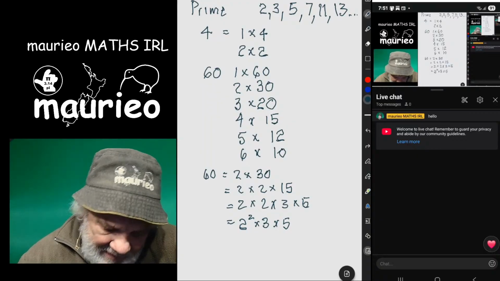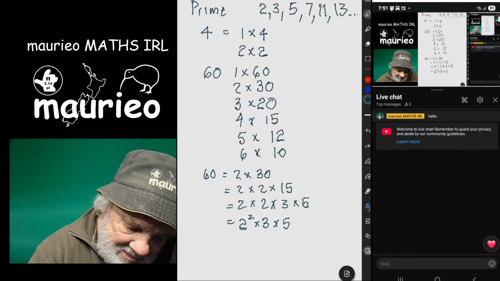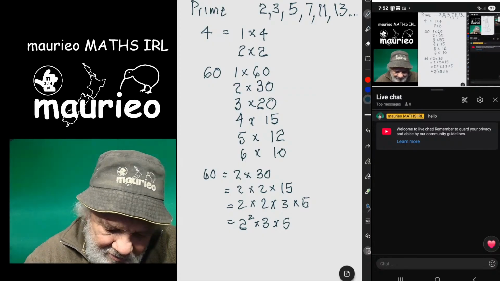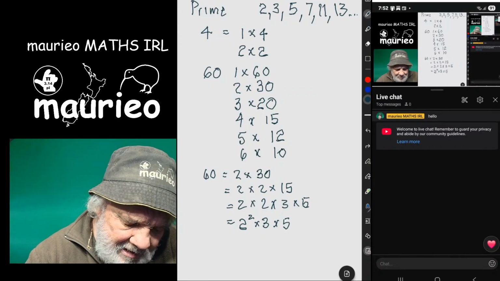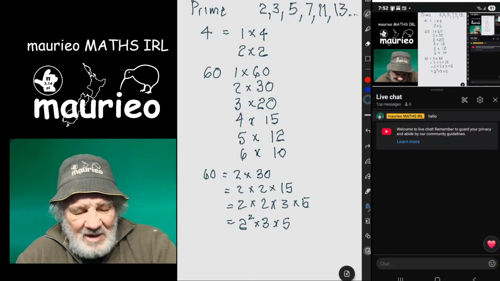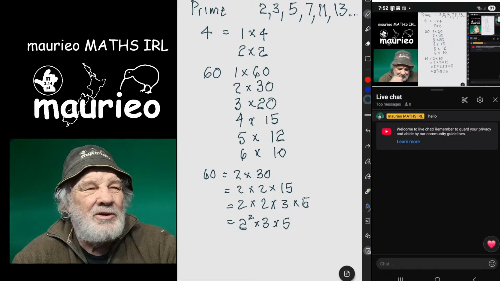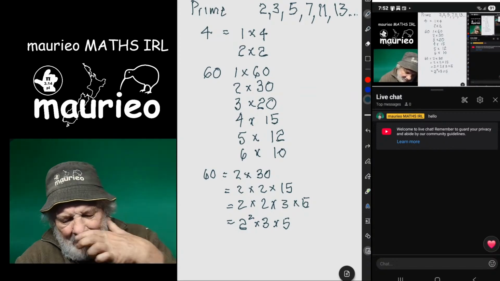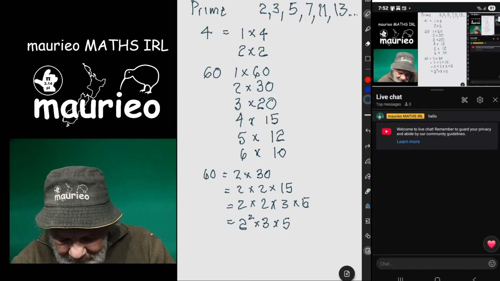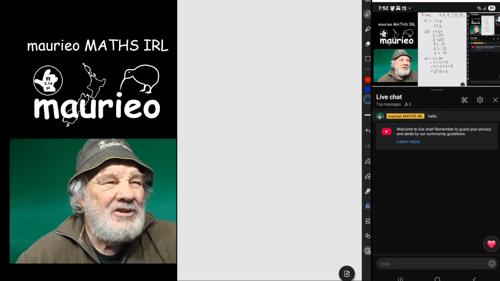So in the case of 60, 2, 3, 4, 5, 6, 10, 12, 15, 20, and 30 are all factors of 60. We could say 1 and 60 as well, but they're sort of given. Right, so that's all great.